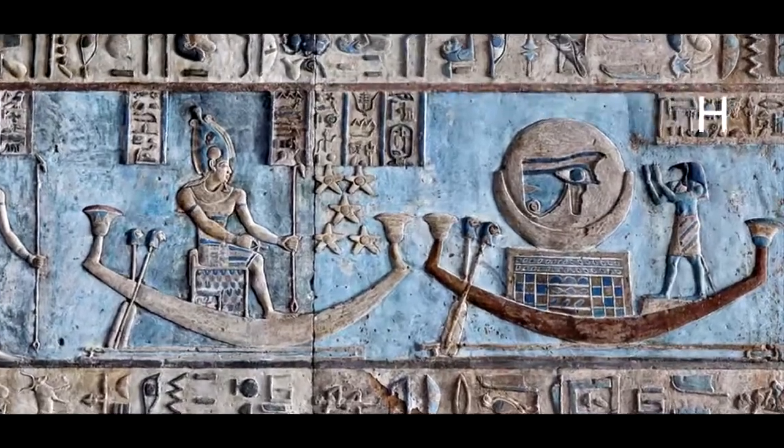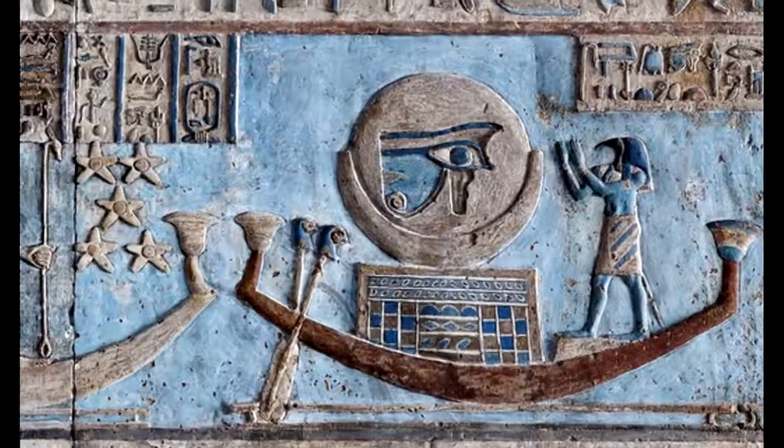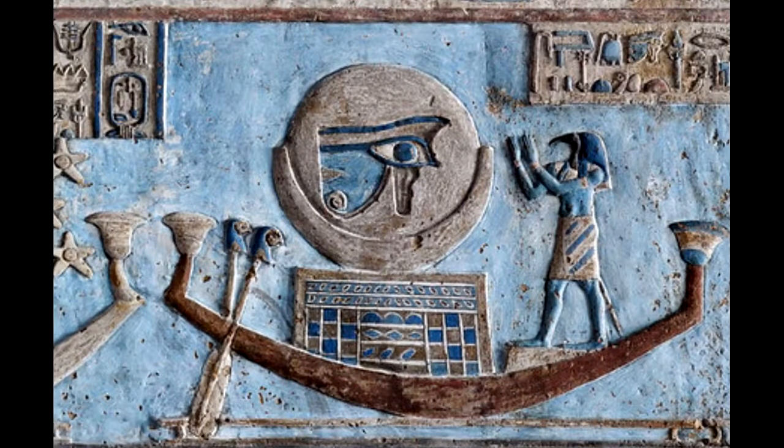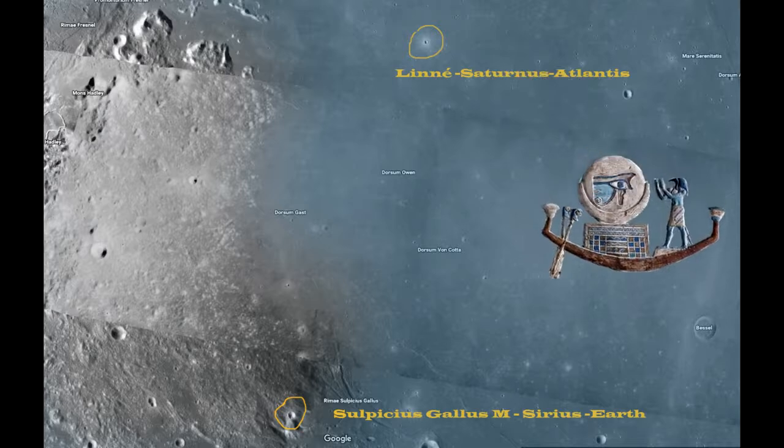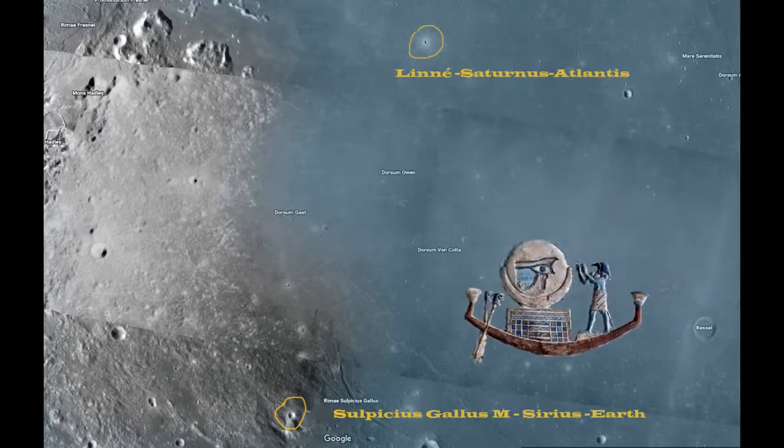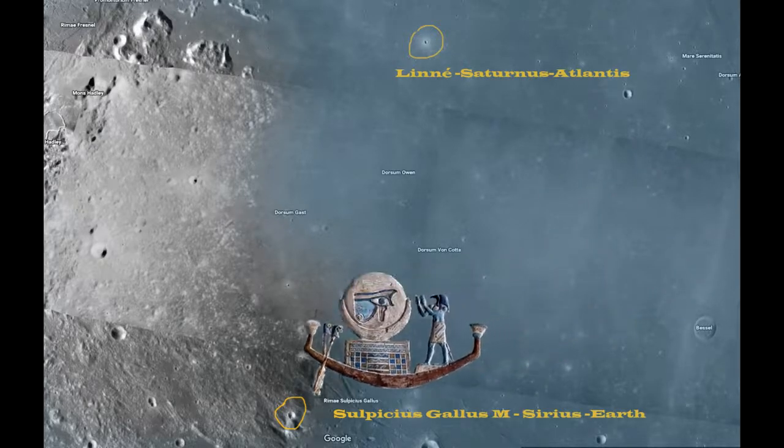One boat in particular caught my attention. The bark of Nu Ankh. What is this energy form? Well, that's for my next video.